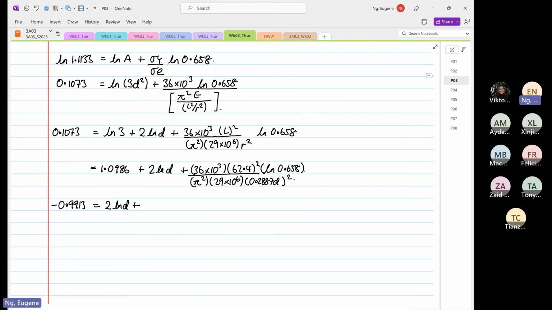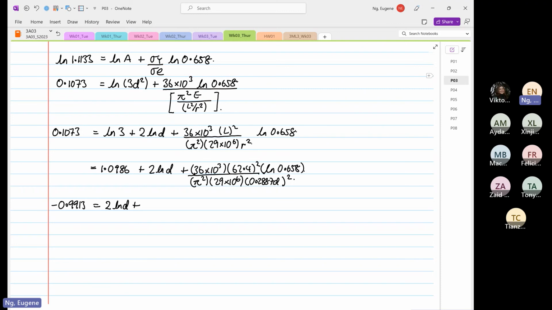And then plus, I'm going to make all this a numerical value now. 36 to the power 3 times 62.4 times 62.4 times natural log of 0.658, divided by pi, divided by pi, divided by 29.6, then divided by 0.2887, divided by 0.2887 because it's squared.